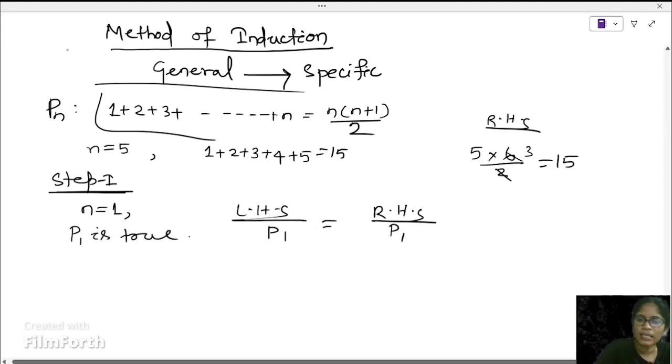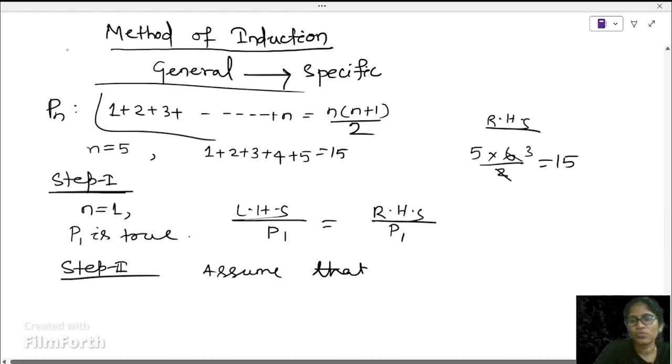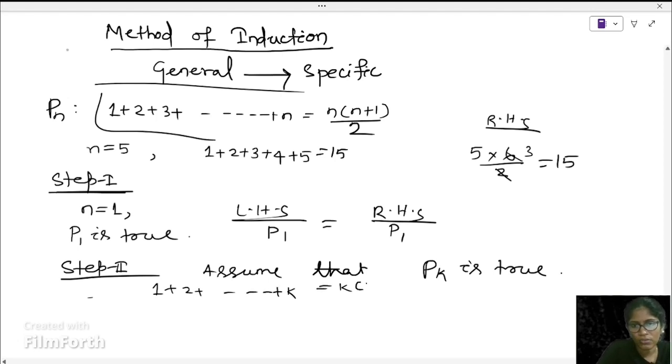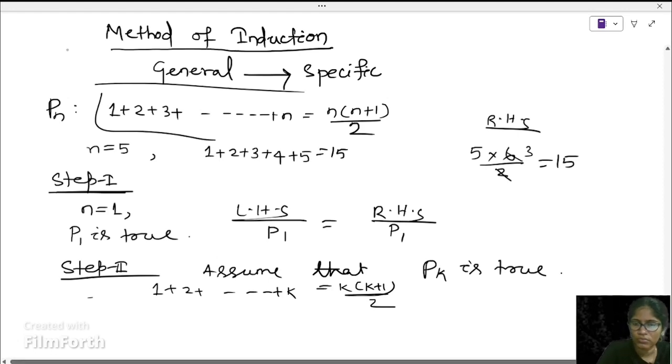Then we'll say P1 is true. In step 2 we have to assume that Pk is true. That means 1 plus 2 plus up to k is equal to k into k plus 1 by 2. Got it?